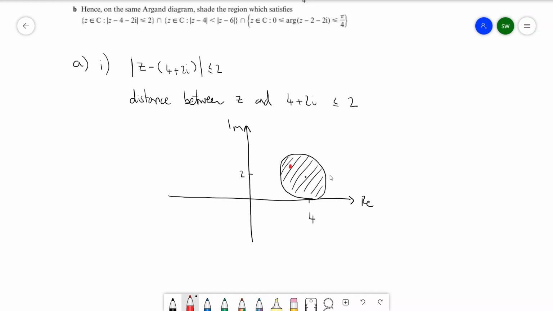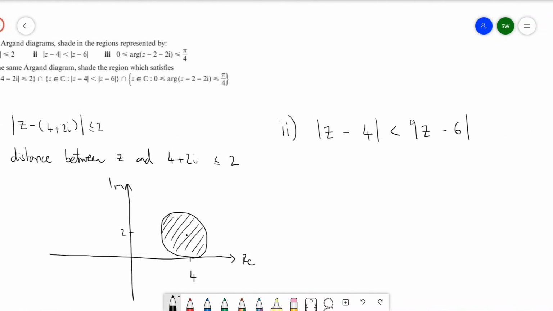If we take any point within this region, inside the modulus symbol, we've got the vector that starts at 4 plus 2i and goes to z. So we'd have this red vector here. And when we take the modulus of that vector, we're saying the length of that vector. Well, the length of that vector is going to be less than 2 as long as we're inside the circle. So that confirms that the shaded region is correct.